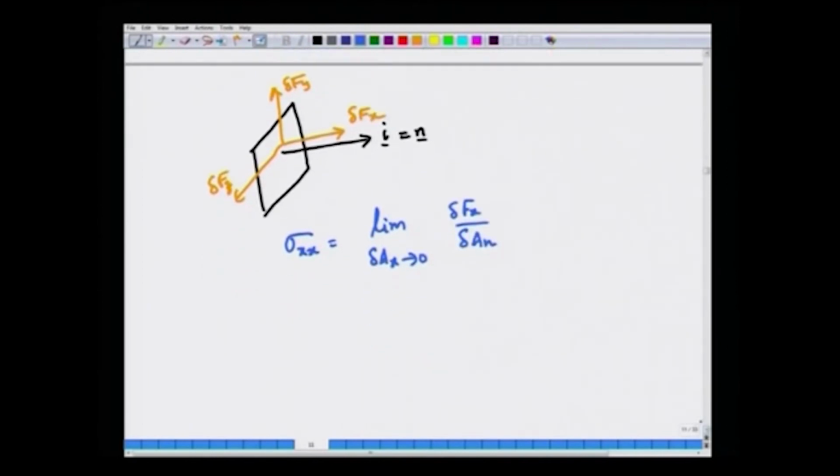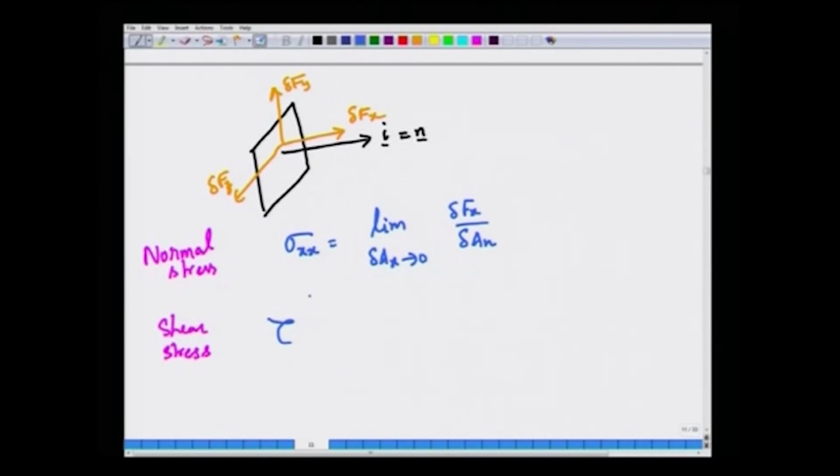Now, you can also define tangential or shear stresses. This is the normal stress. These are shearing or tangential stresses, shear stress. Now, this can be written as tau.